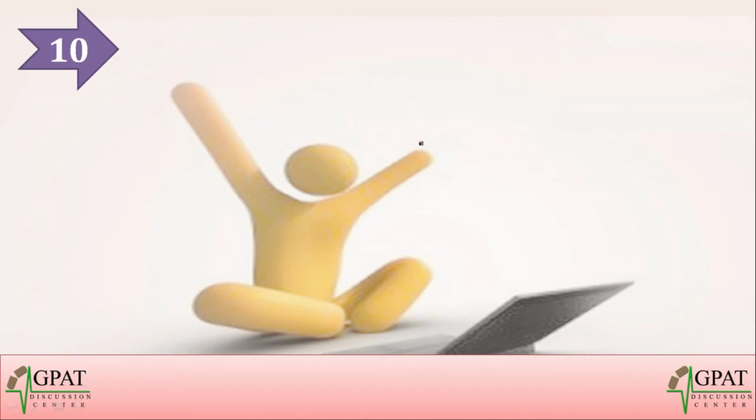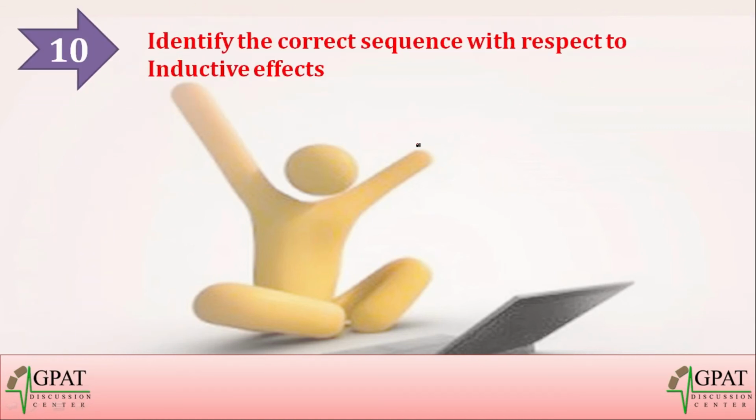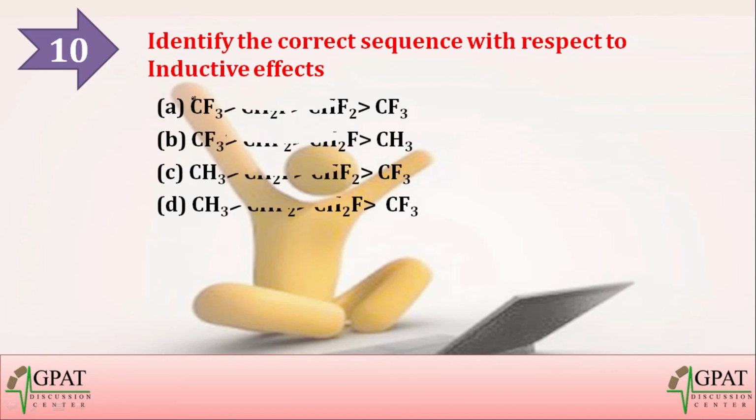So moving on to the next and last question: identify the correct sequence with respect to inductive effect. The options are: option A is CF3 greater than CH2F, and so on.